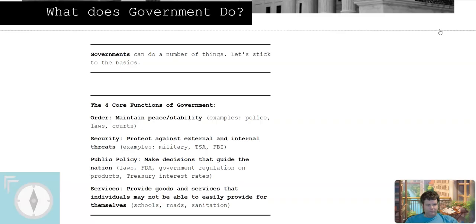And then the fourth one is services. These are often goods and services that an individual might not be able to provide as easily for themselves. I've got 3 good examples up there: schools, roads, and sanitation. Schools, for a good example: in a society we might want people to learn about certain concepts and ideas and values.